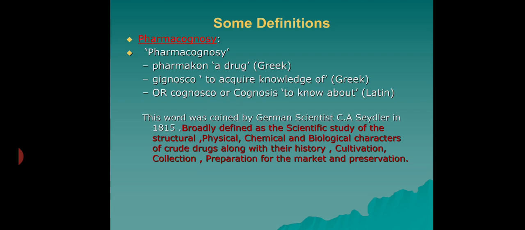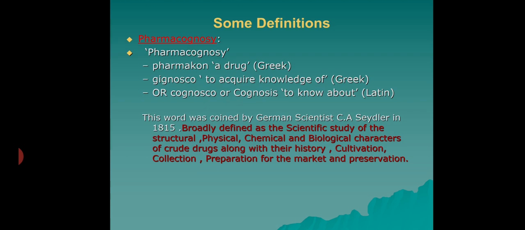This word was coined by a German scientist, C.A. Seidler, in 1815. In the year 1815, the word was coined. Previously, it was called by different names: medicine, herbal, or maybe before civilization, what they called it, we don't know.